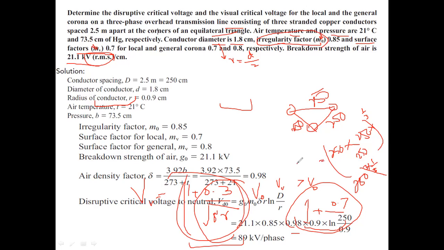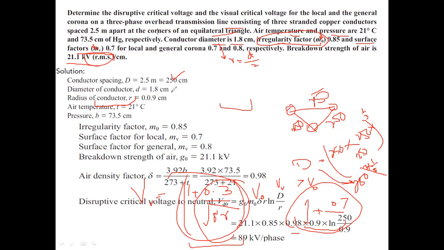So we have used the same formula. But for the equilateral triangle, the D will be same throughout. This is equal to the space between any two conductors, so that is why it is 250.